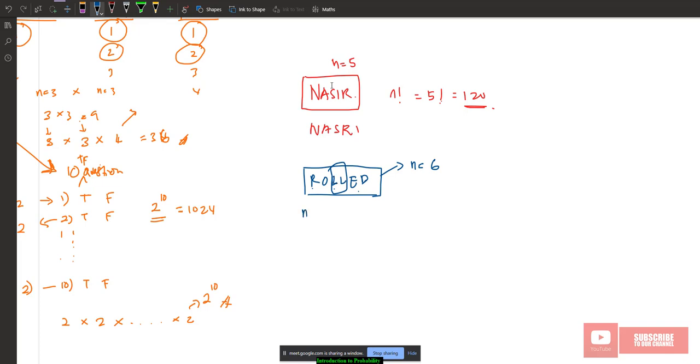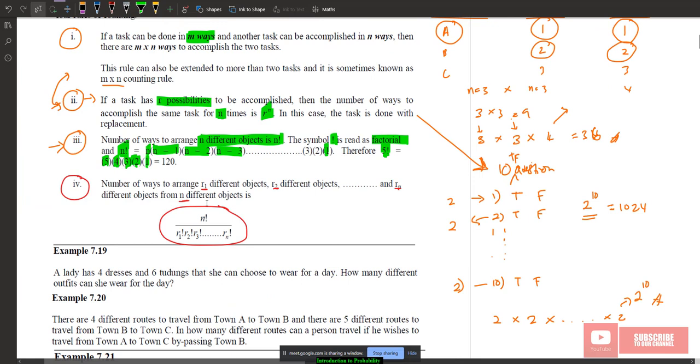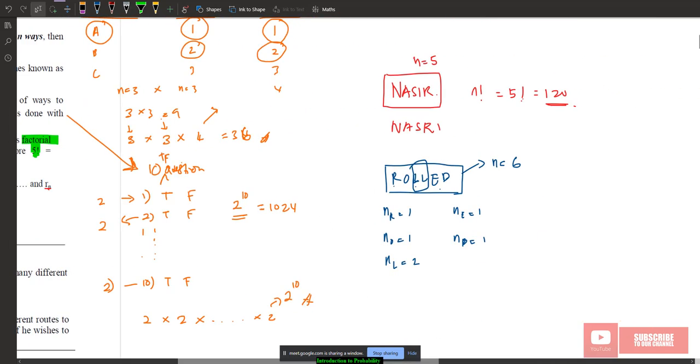So let's say we put R is equal to 1, and O also has 1 object appearing, and L you have 2 objects, and E you have 1, and D also 1, right? So by using formula number 4, formula number 4 says that n factorial divided by r1 factorial multiplied with r2 factorial until rk factorial, right?